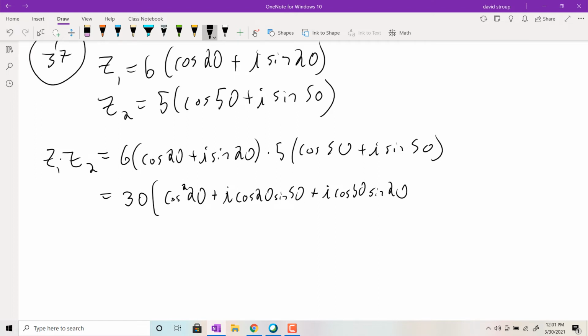I squared is just negative 1, so it becomes minus sine 20 sine 50. Because, again, this is really I squared times sine 20 sine 50. And then you always replace the I squared with a negative 1.